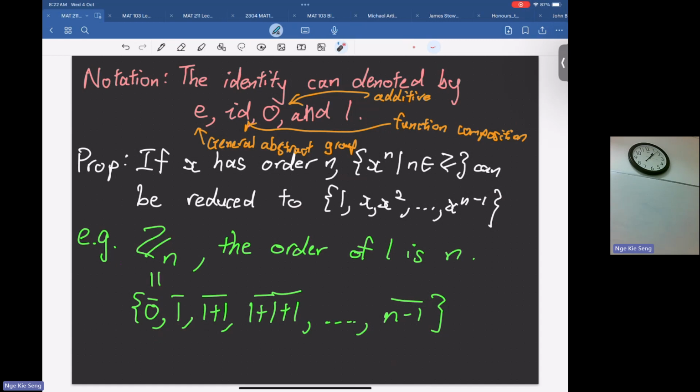But in books, for matrices, typically they will bold it. Or if you want to make it bold by hand, maybe you can draw something like this, the identity matrix.